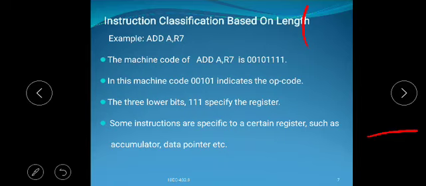In this machine code, 00101 indicates the opcode. The three lower bits, 111, specify the register. Some instructions are specific to a certain register, such as the accumulator and data pointer.